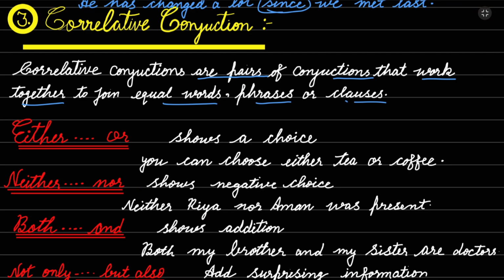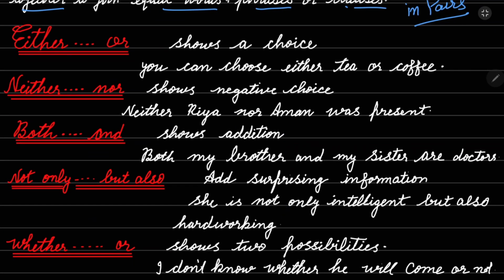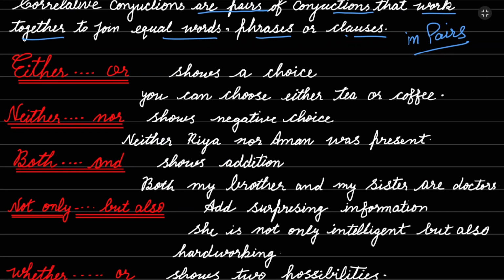So correlative conjunctions always come in pairs. The first correlative conjunction is either or. Either or shows a choice. You can choose either tea or coffee, means one of them.